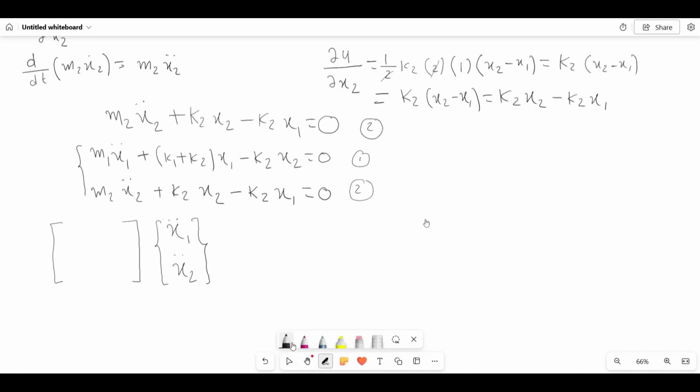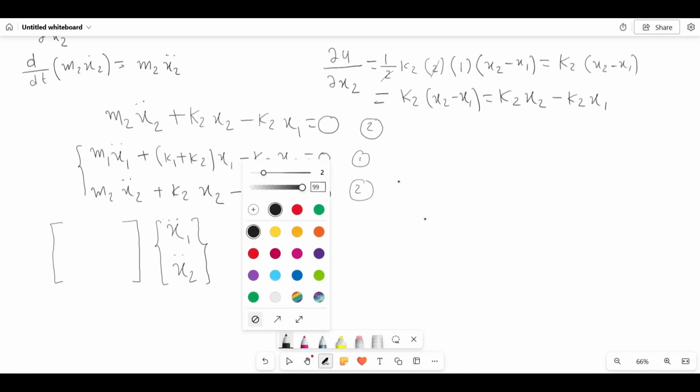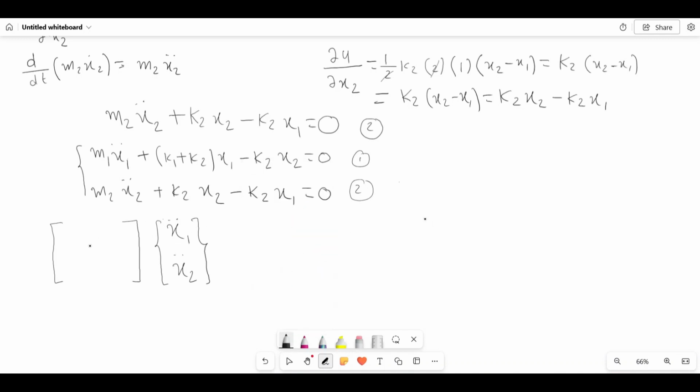Let's do this. We want to write this in matrix form. We write it in matrix form in such a way that when we multiply, we have what we had in the previous one. Let's look at equation 1. Do you agree that if I write m1 here, and do x dot dot times m1, it gives me the first expression here? Because I do have the first expression, then that one is right. Now I come here.